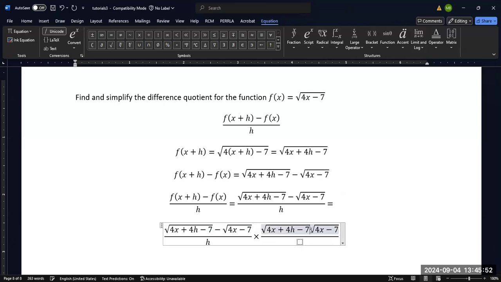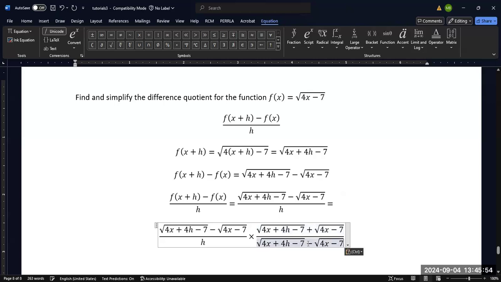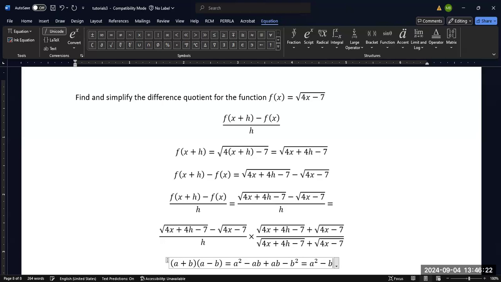We want to be able to take advantage of that formula and make sure that since the signs on the inside are different, that middle term is going to cancel out. So recall if we have a plus b and a minus b, we get a squared minus ab plus ab minus b squared. And so all that's left is the squaring on both ends. That's what's going to get rid of this radical in the numerator.